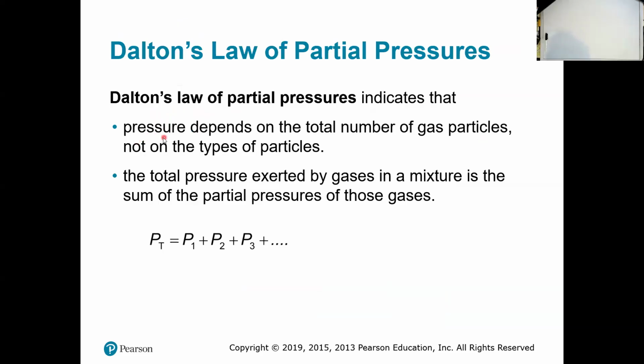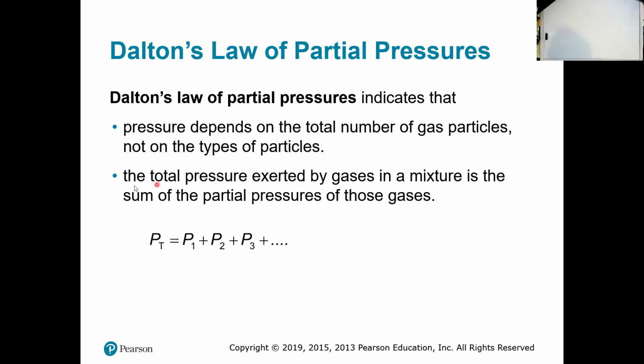We're going to see that the pressure depends on just the total amount of gas particles that are present in your mixture and that are doing all of the colliding. The pressure doesn't depend on the type of gas particle. So the pressure isn't affected by the fact that you have different gases. The only thing that matters in terms of pressure is how much of those gases are present and how often they're colliding with the walls of the container.